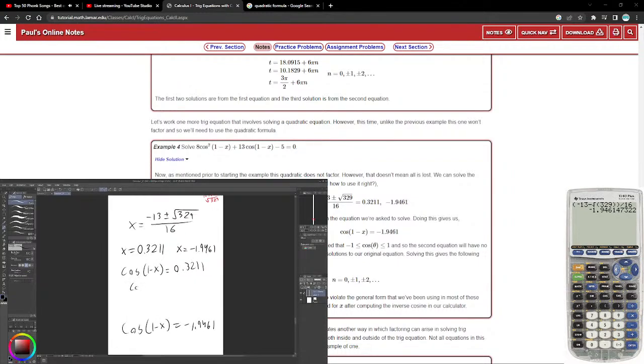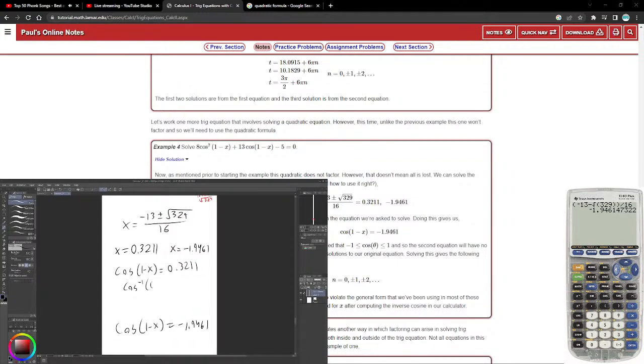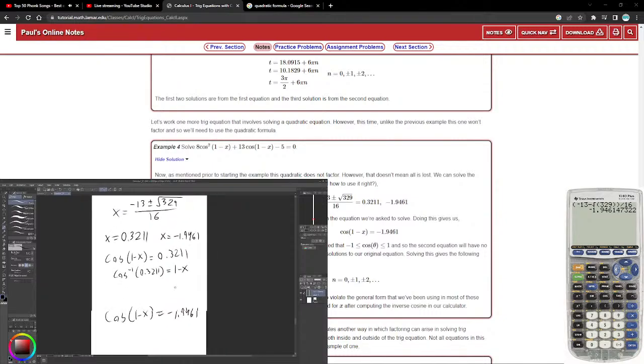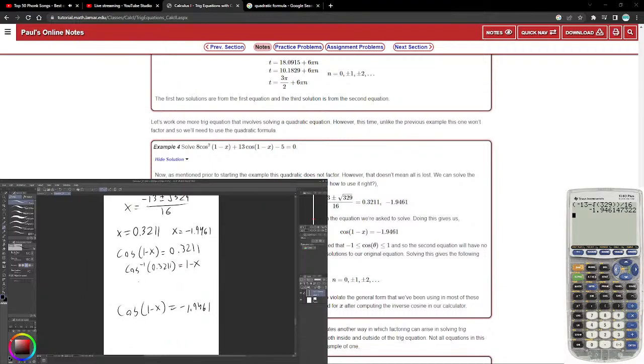So I want to find the inverse cos of 0.3211 equals 1 minus x, and I should get 1 minus x equals 1.2439.